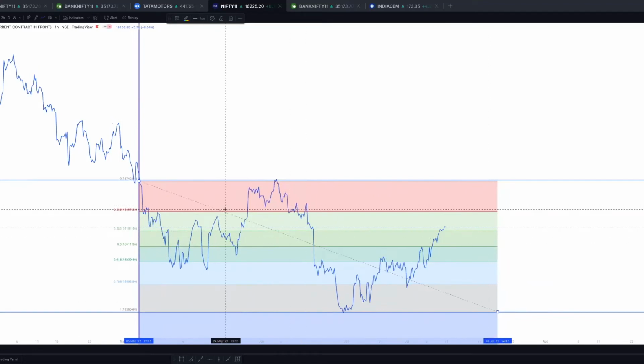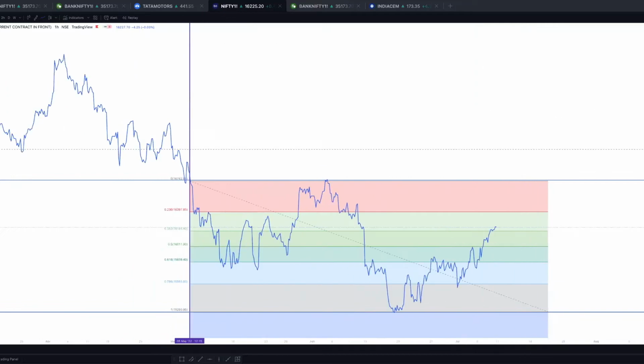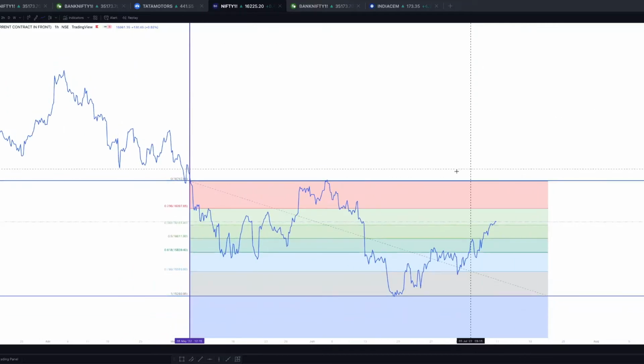If you could see this particular diagonal, I hope it's visible, there is one diagonal line drawn from over here till here.